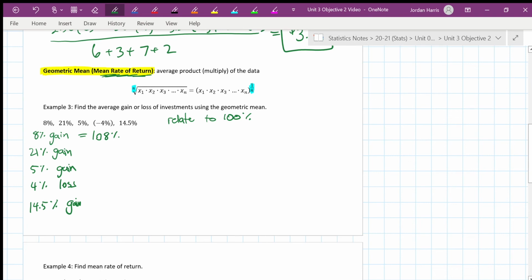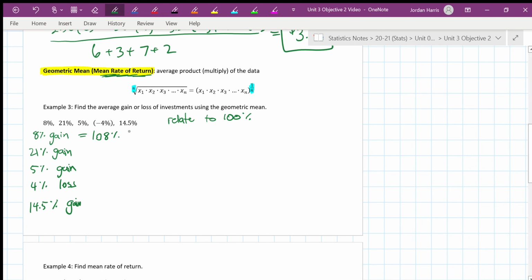If I'm over 100%, that's a gain. So if I had $5 and I had a gain of 8%, so I can type that into a calculator, I would get $5.40. So that's 108% of my original amount.